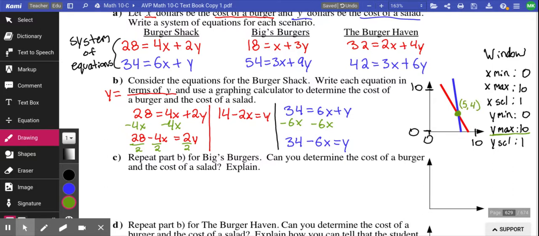And what that's specifically telling us is the cost of a burger and the cost of a salad. Because remember, x is the cost of a burger and y is the cost of a salad.